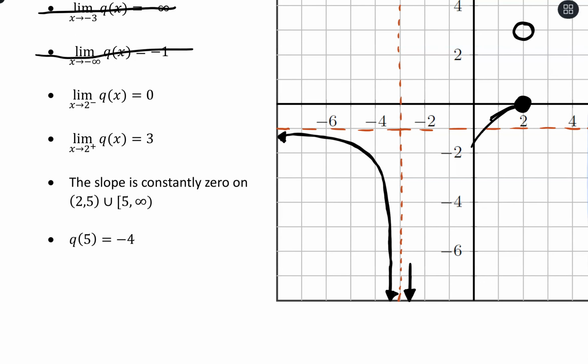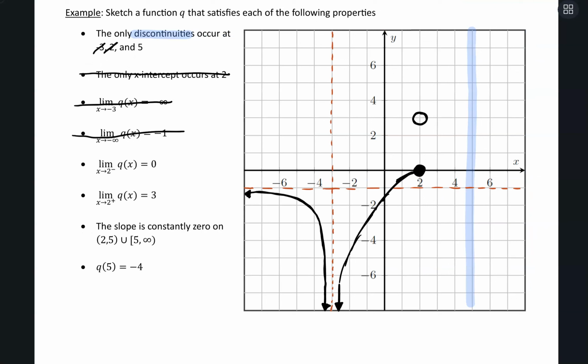I have a feeling over here we're going like this. Ooh, that got a little wild there, but we're good. Okay, that takes care of that one. We know we're up at 3. Still have a little more to do there.